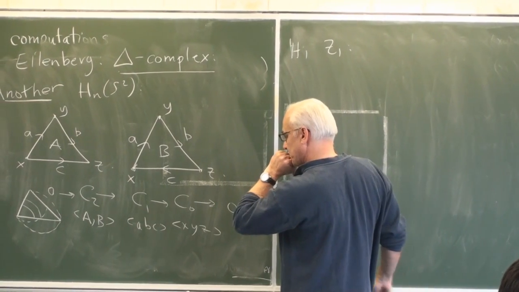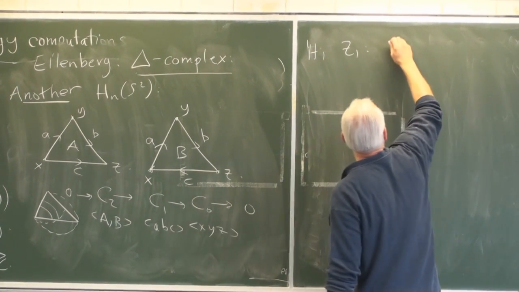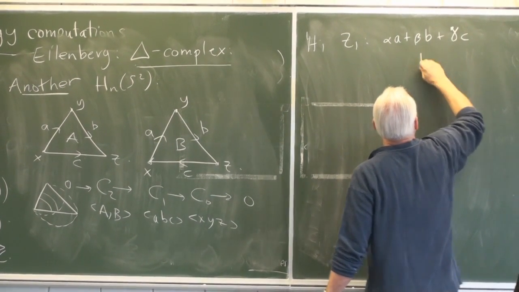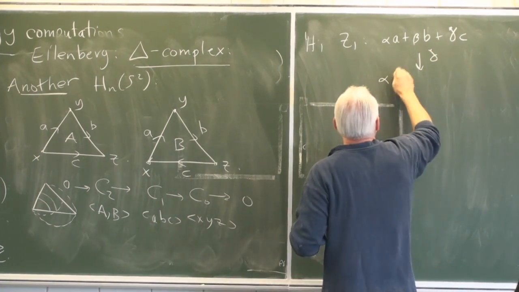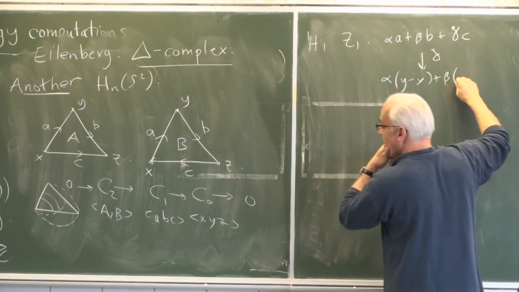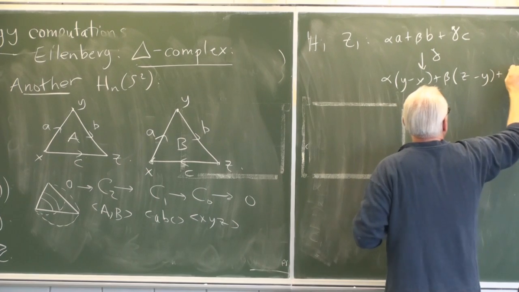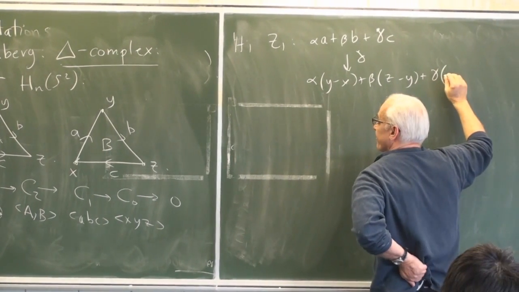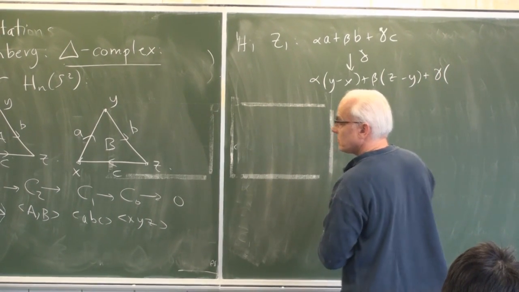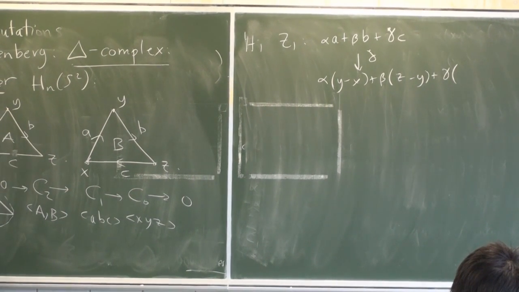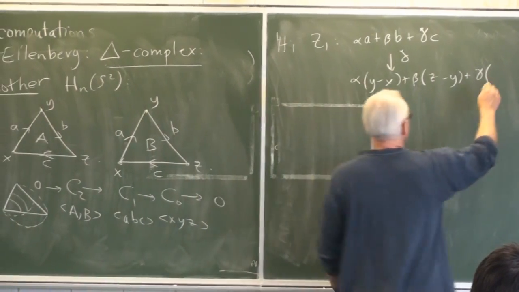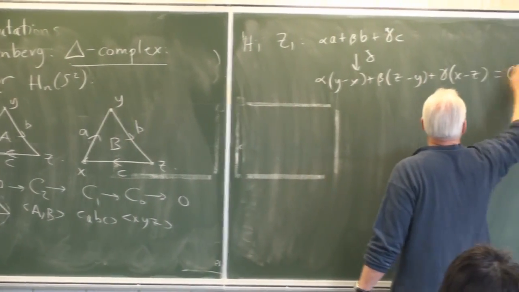We're looking at combinations of A, B, and C. So maybe alpha A plus beta B plus gamma C, and under the boundary map, A gets sent to y minus x, B gets sent to z minus y, and C gets sent to, sorry, they're all going in this direction, C gets sent to x minus z. And we want to set that equal to 0.